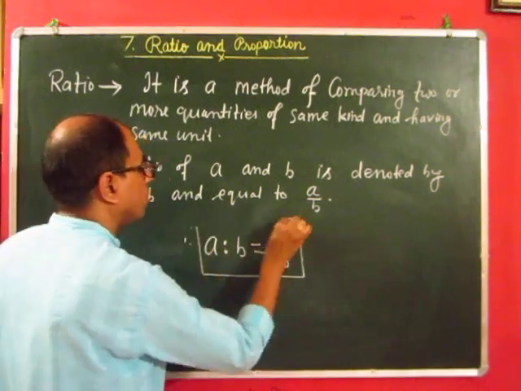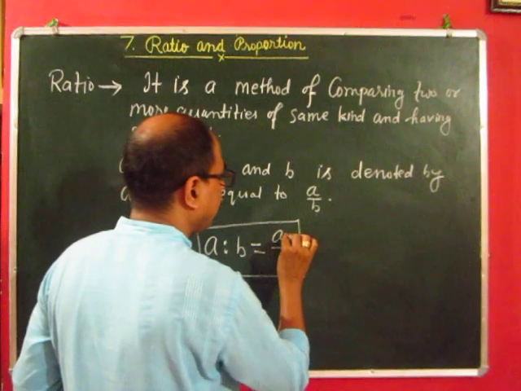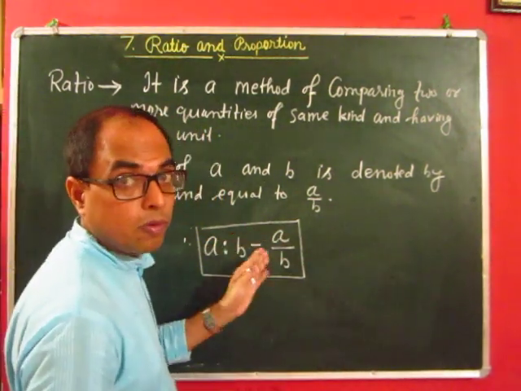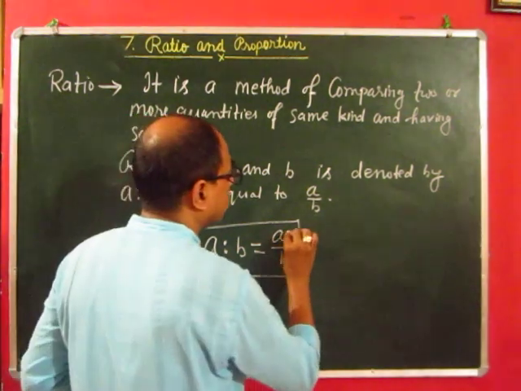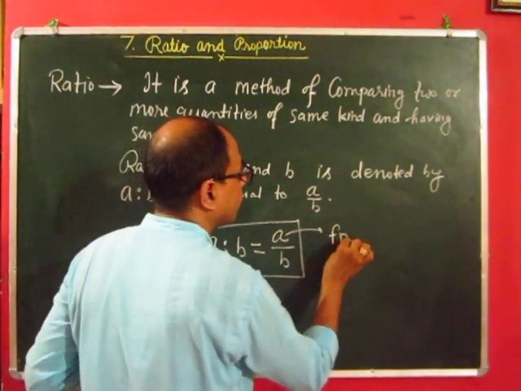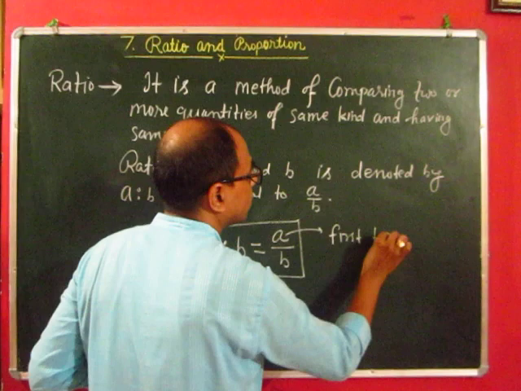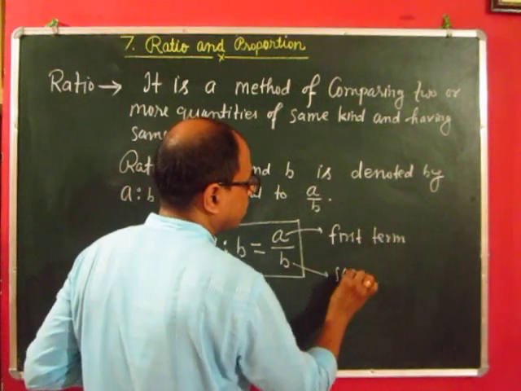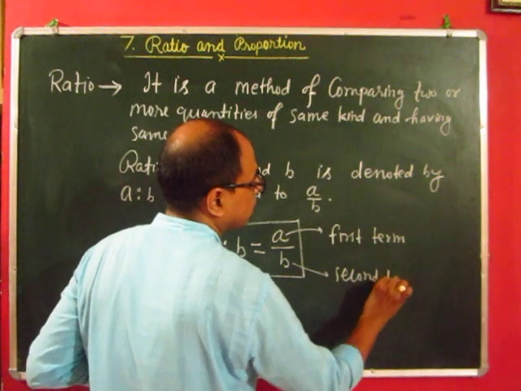Now here A and B are called terms of ratio. A is called the first term and B is called the second term of ratio.